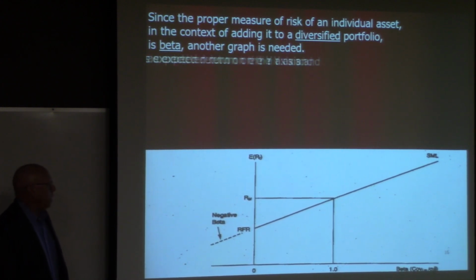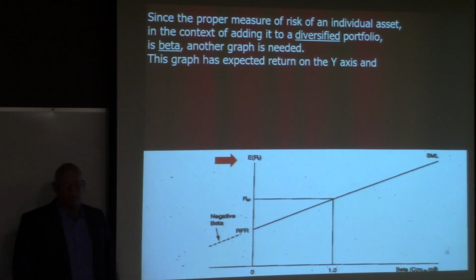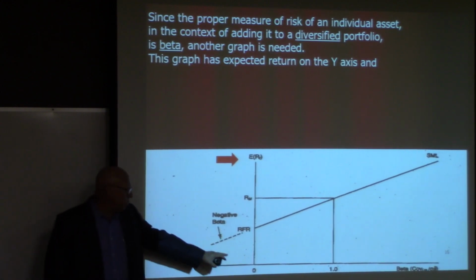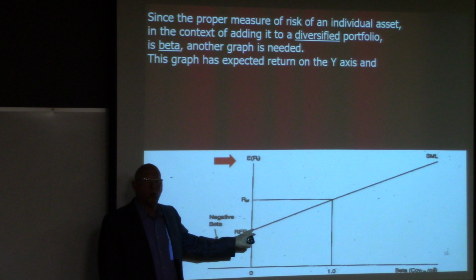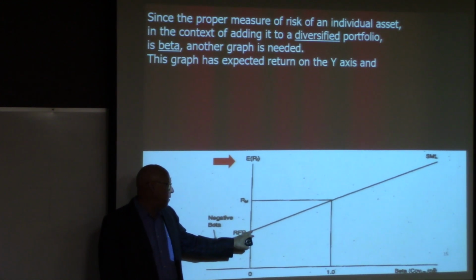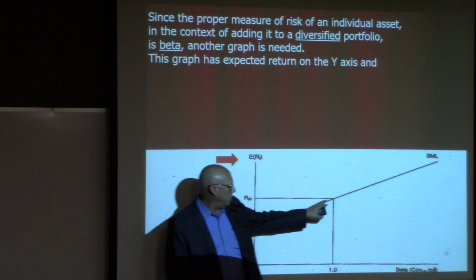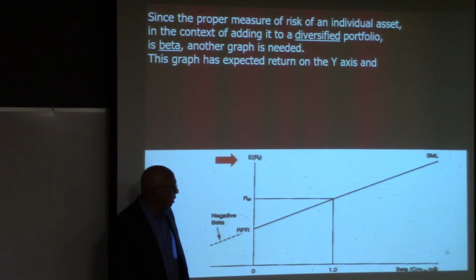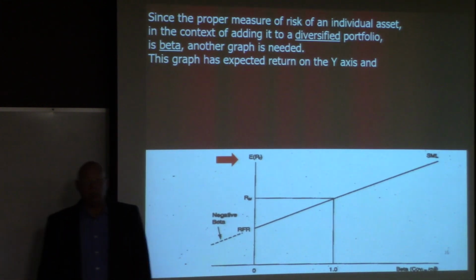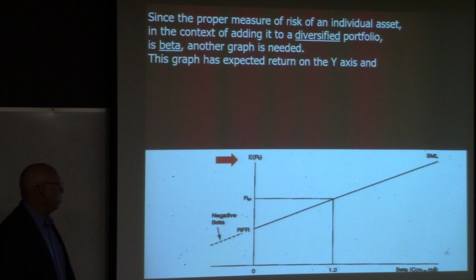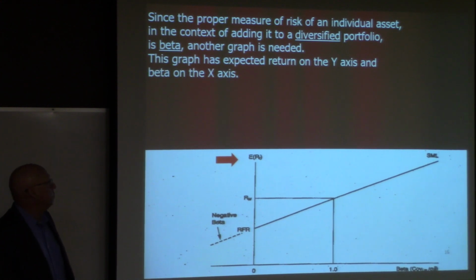And we have the risk-free rate of return up here on the y-axis. That's the y-intercept. Then we draw a line out that reflects the relationship between the expected return and beta.